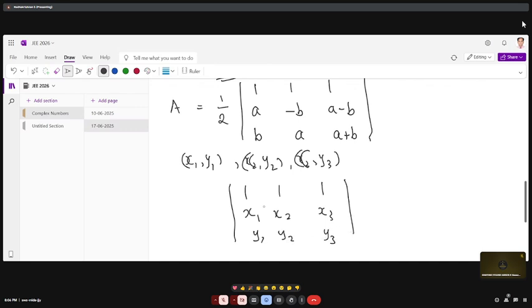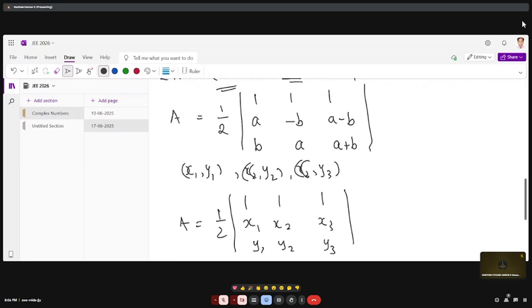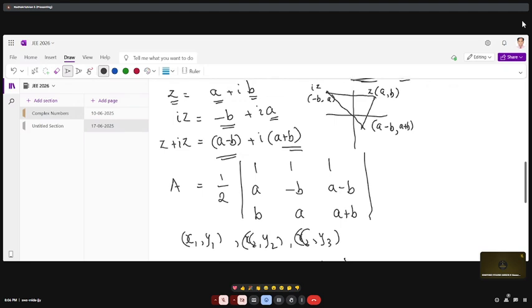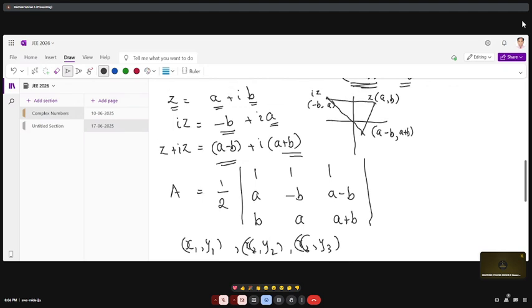In this case, since the coordinates are a, minus b, a minus b, and so on, I have written the determinant in that way. So you expand the determinant, and you get it in terms of a and b.